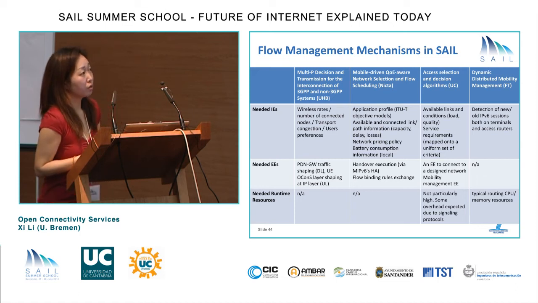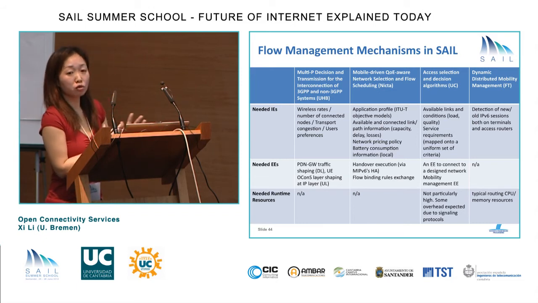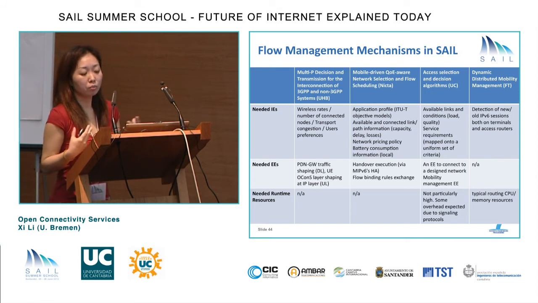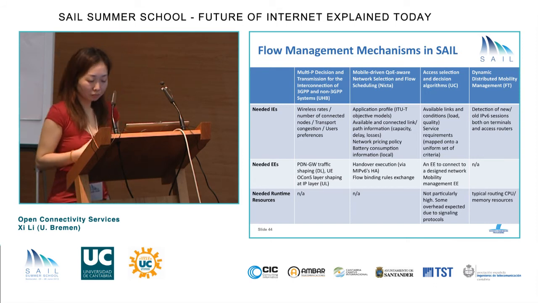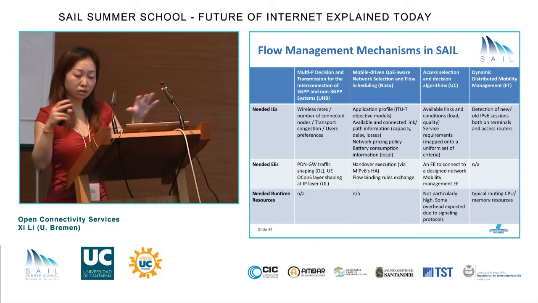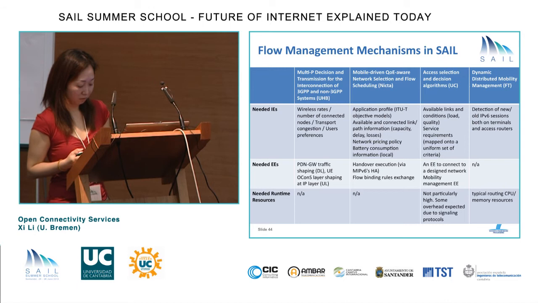So from here we can see there are opportunities to combine different flow management mechanisms and let them work together. We are hoping this could be an interesting scenario, and we are also investigating it right now in the SAIL framework of orchestration.